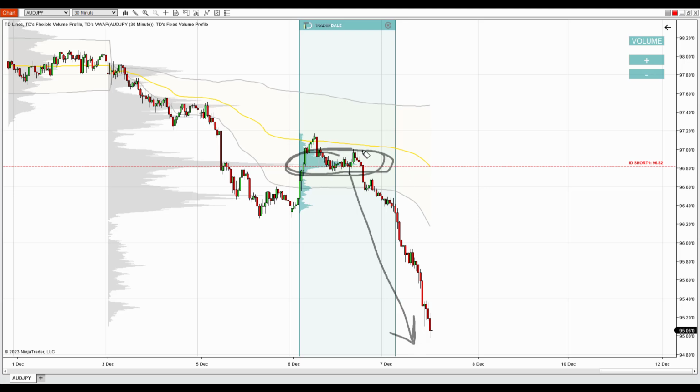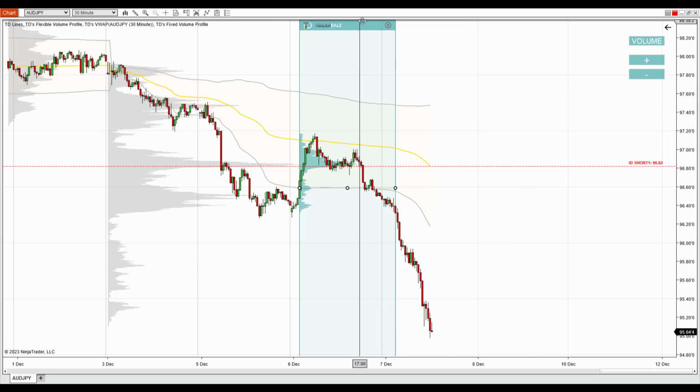So sellers were active here, and then they were accumulating their short positions here, and then they pushed the price downwards. When there is a pullback to this zone, it's likely that the sellers will become active again, and they'll want to push the price downwards from there again.